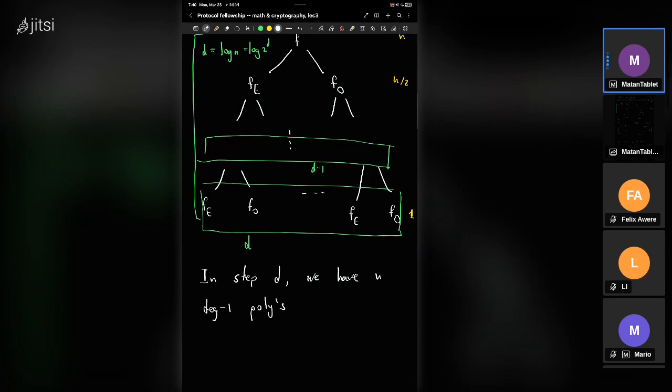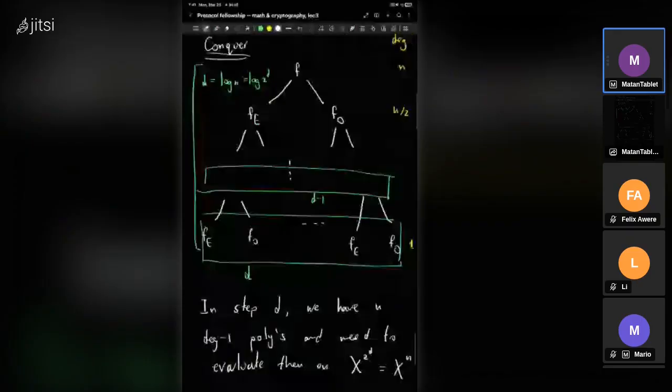And we need to evaluate these polynomials in step d on the set x to the 2 to the d, which is xn. Right?